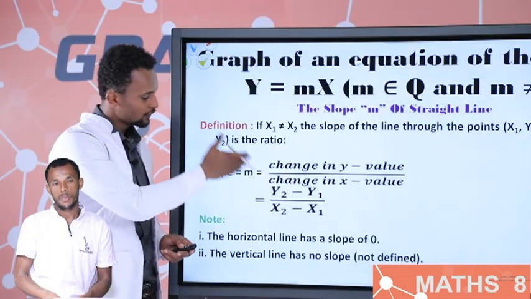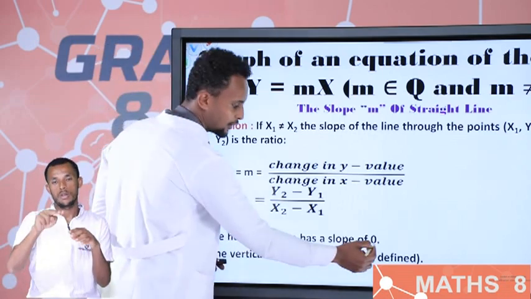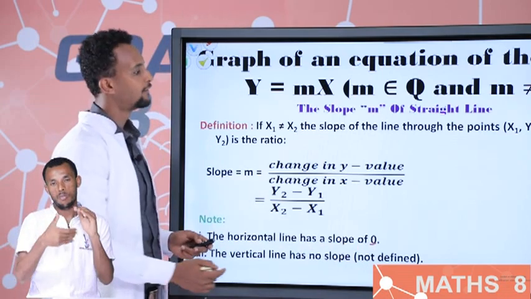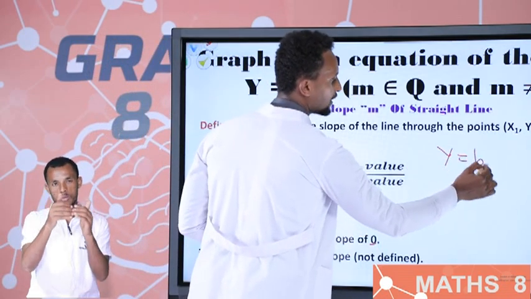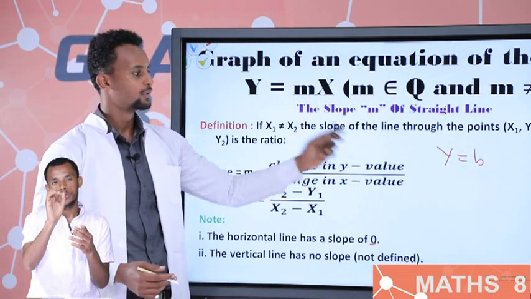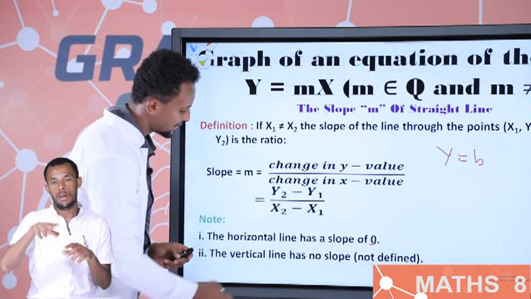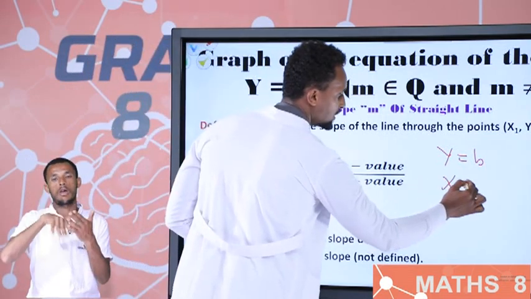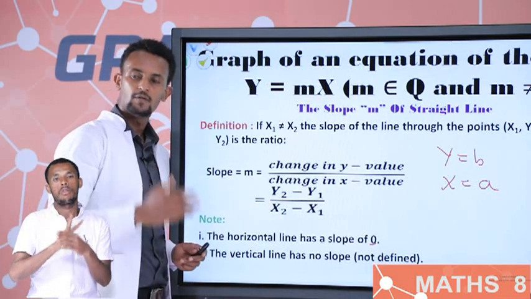So, in the case of the slope of the line, the horizontal line has a slope of 0. That means the graph of y is equal to b always has a 0 slope. That means it is a horizontal line. But if the graph is x is equal to a, it is a vertical line.